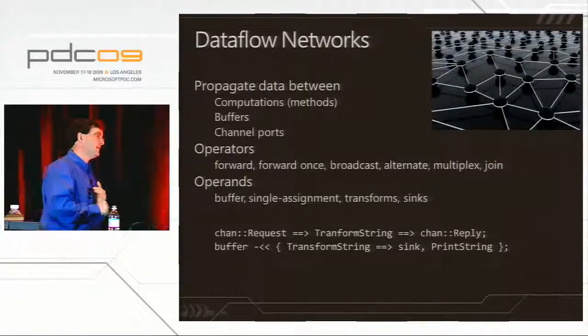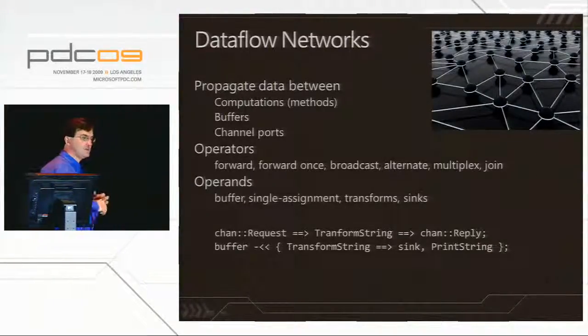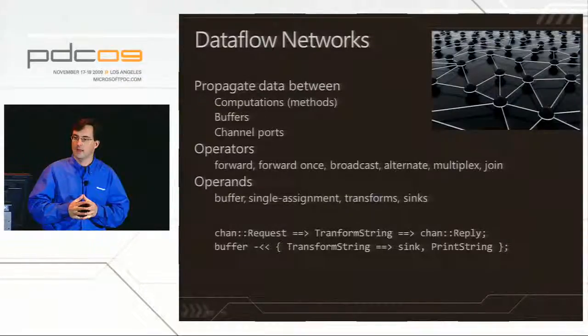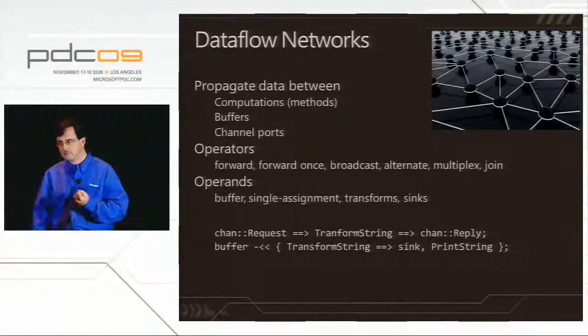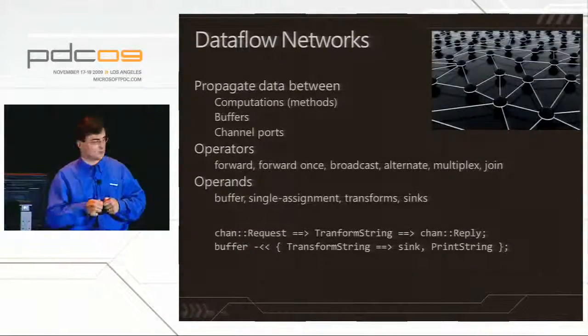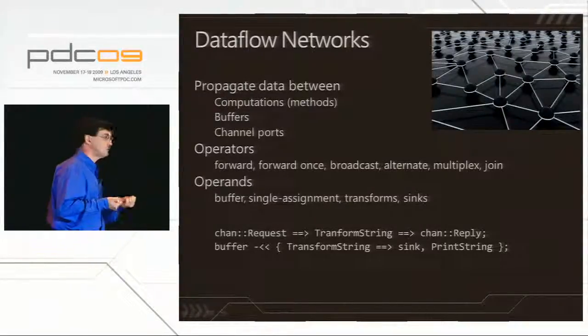So what we define then is something we call data flow networks, and they're kind of a generalization of the callback method, if you will. What it does is it propagates data between computations, buffers, and ports. And we do this using an expression syntax that is unique to Axum. So we're not doing this with library calls.